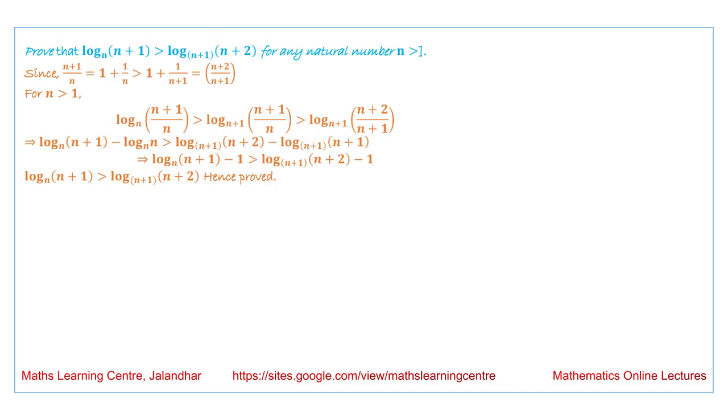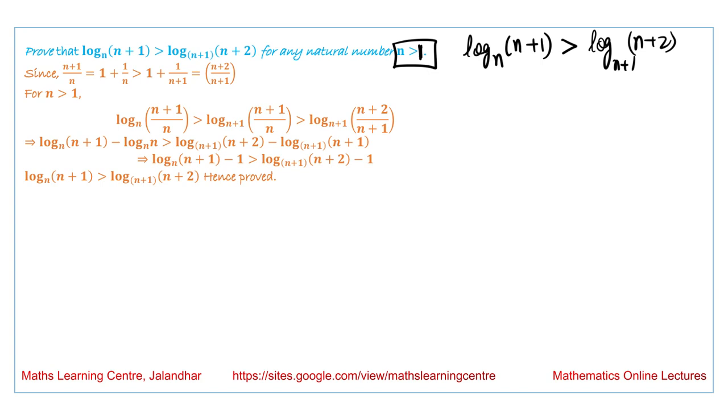Now the next question we have is, we have to prove this result, that log of n plus 1 to the base n is greater than log of n plus 2 to the base n plus 1, where n is given to be greater than 1.